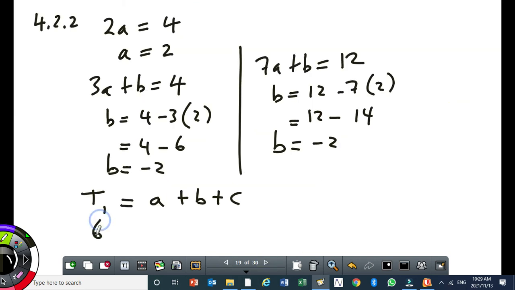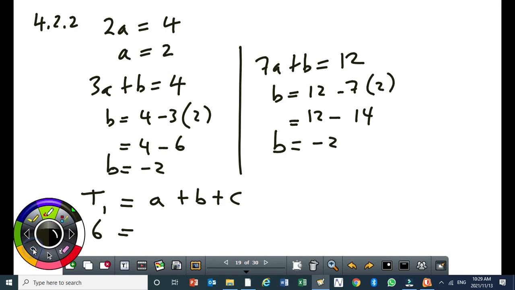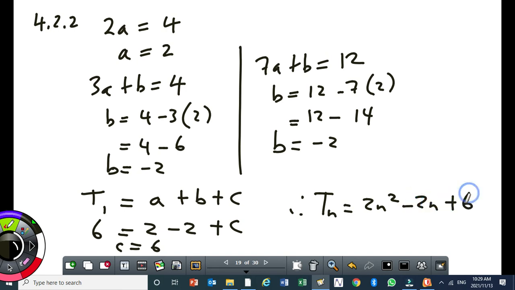Okay, so this will be 6 is equal to a, which is positive 2, plus b, which is negative 2, plus c. So c is going to be positive 6. Therefore, our general term is going to be Tn is equal to 2n squared minus 2n plus 6.